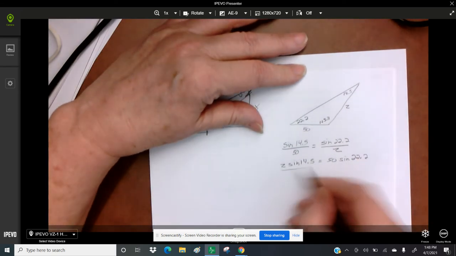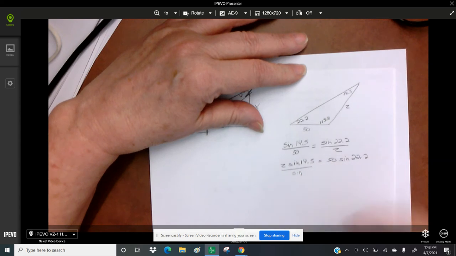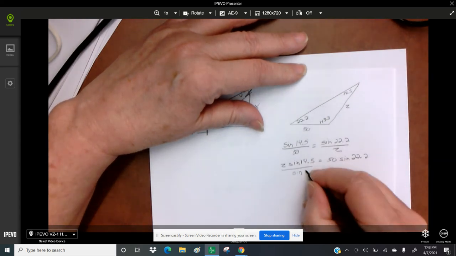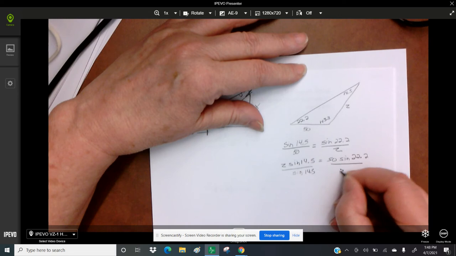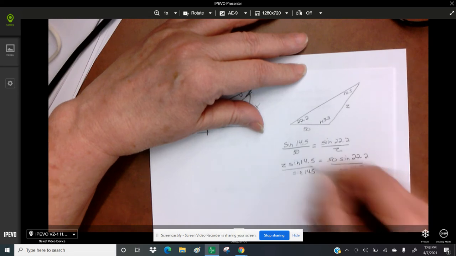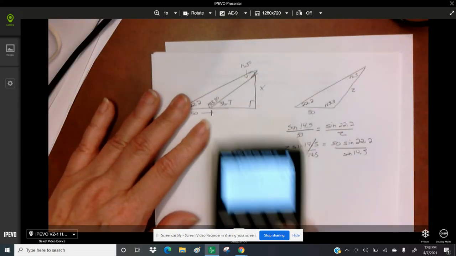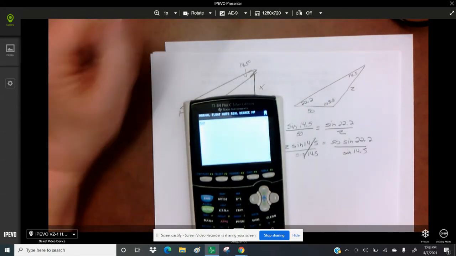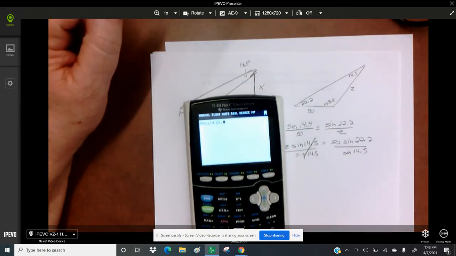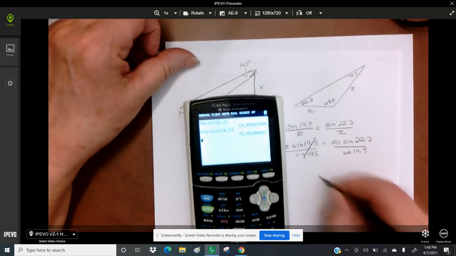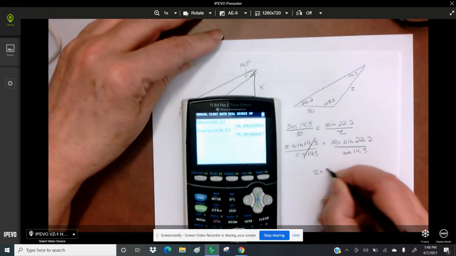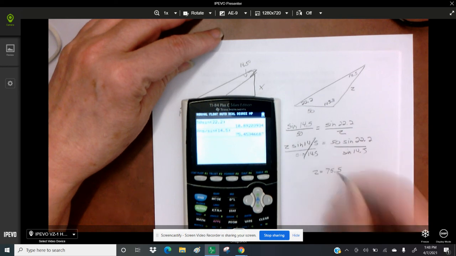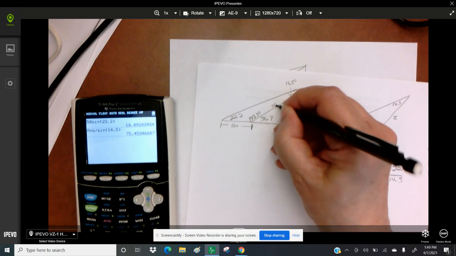And I can divide by the sine of 14.5, and they'll cross out on this side, and I can go ahead and put that into my calculator. 50 times the sine of 22.2, I'm going to divide that by the sine of 14.5. And I get that z is 75.5, roughly.